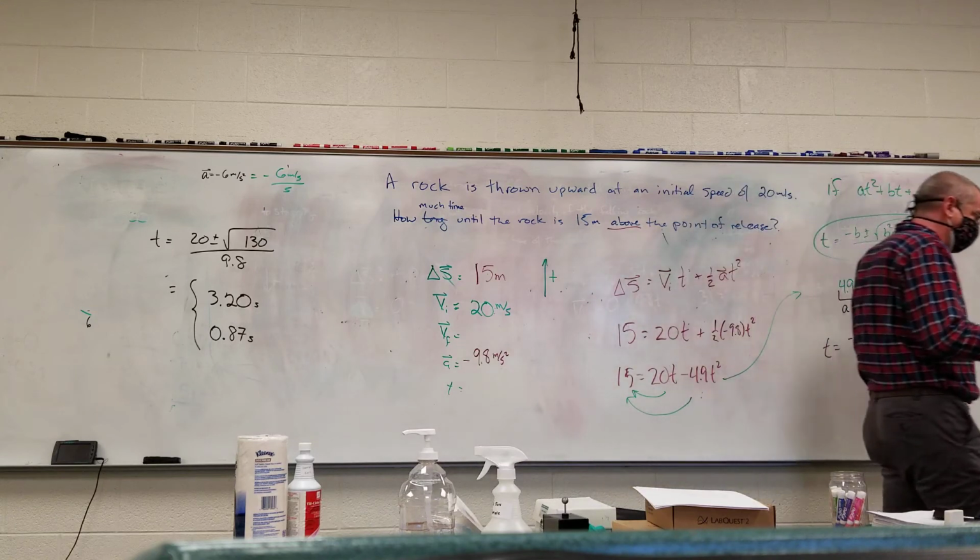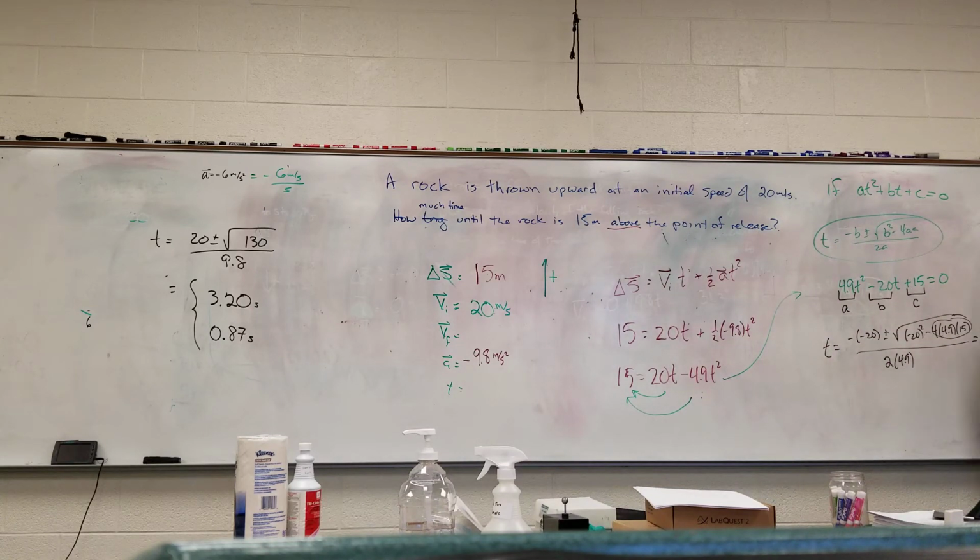All right, someone describe to me what's happening in the problem. Physically, what is the problem talking about? Throwing a rock up, and then it coming back down. Okay. So what do my two answers mean? I'm assuming that the 3.2 seconds is it's going past the 15 meters and then it's coming back to the 15 meters?